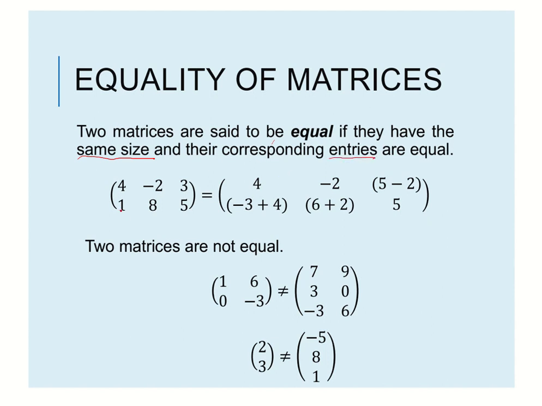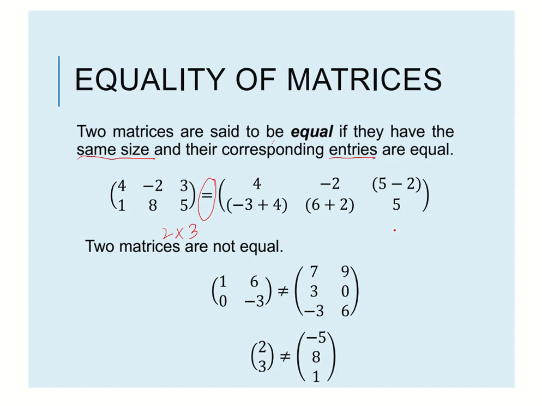All right, so now let's look at the first one here. All right, the first example here, these two matrices, they are said to be equal. All right, so we must check. There must be two conditions. The first one, all right, the size should be the same. So what is the size for the first matrix? It will be 2 rows by how many columns? 3 columns.